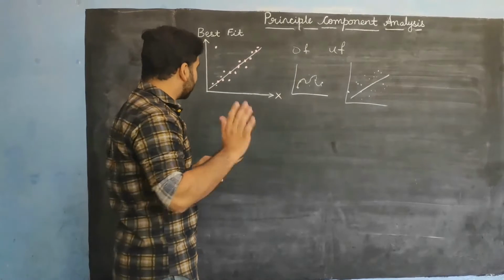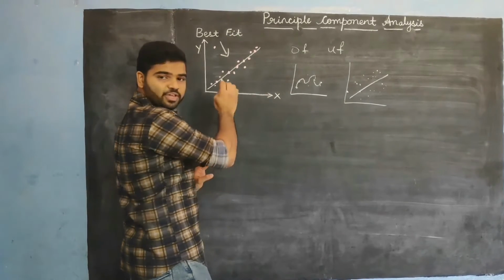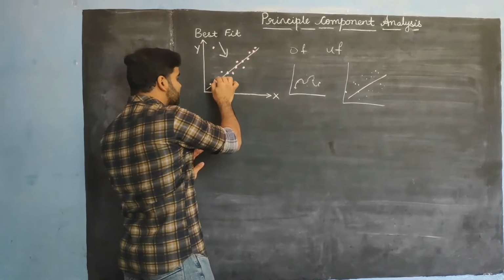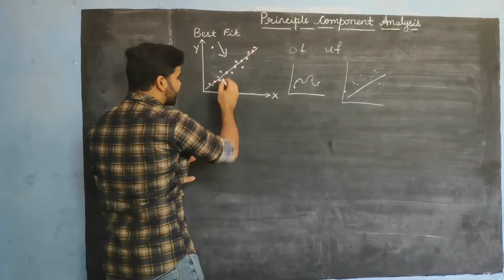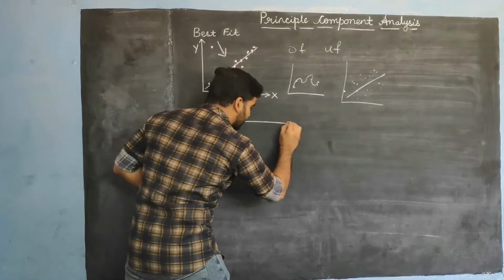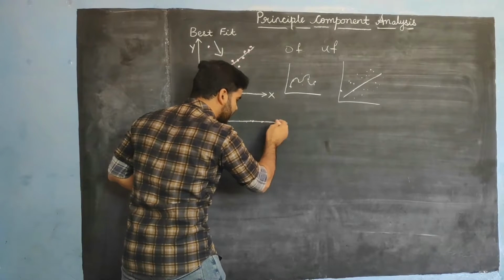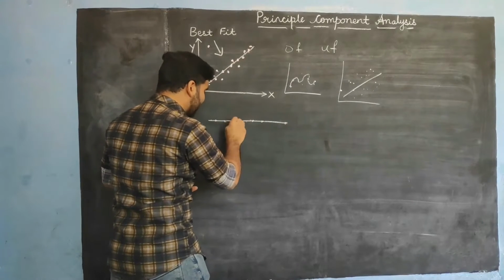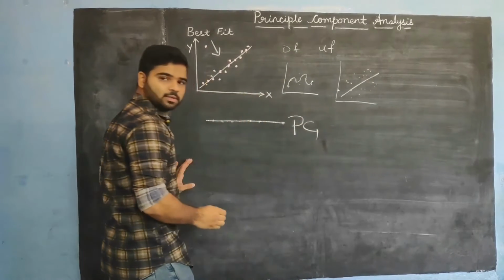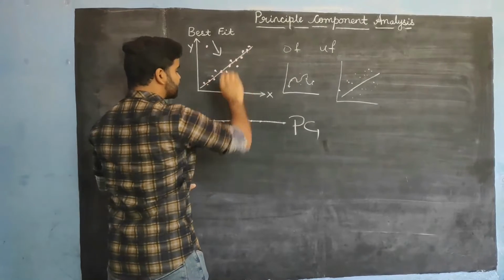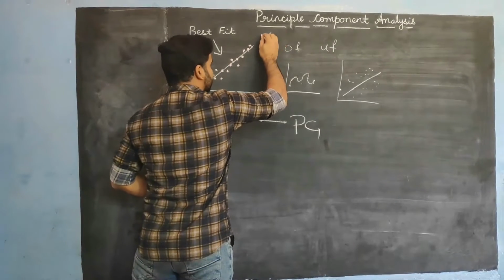For example, from this point of view we can observe that all these data points seem to be overlapping on this line. So we can draw this line like this. Let us assume that this is principal component 1, whereas let us assume another principal component from another direction, in this direction.